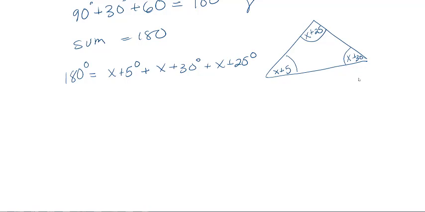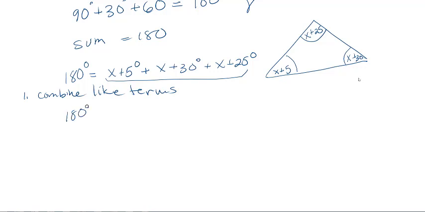Okay, again, the first step would be to combine like terms. So let's focus on the right-hand side. We have both types of terms here. We have the variable terms and we have constant terms. We'll write it out by using the commutative law. I will move around some of these terms. So I'll write x from here plus 5. I'm going to write that all the way over there.